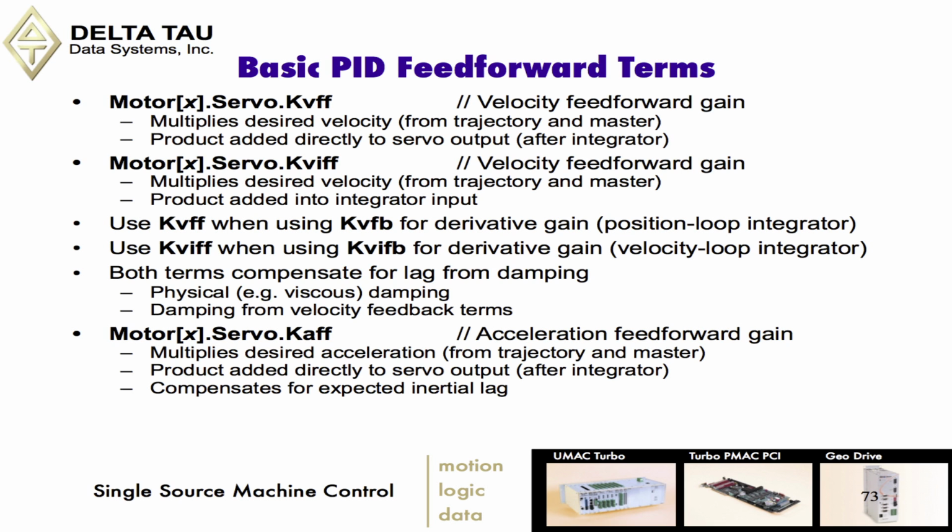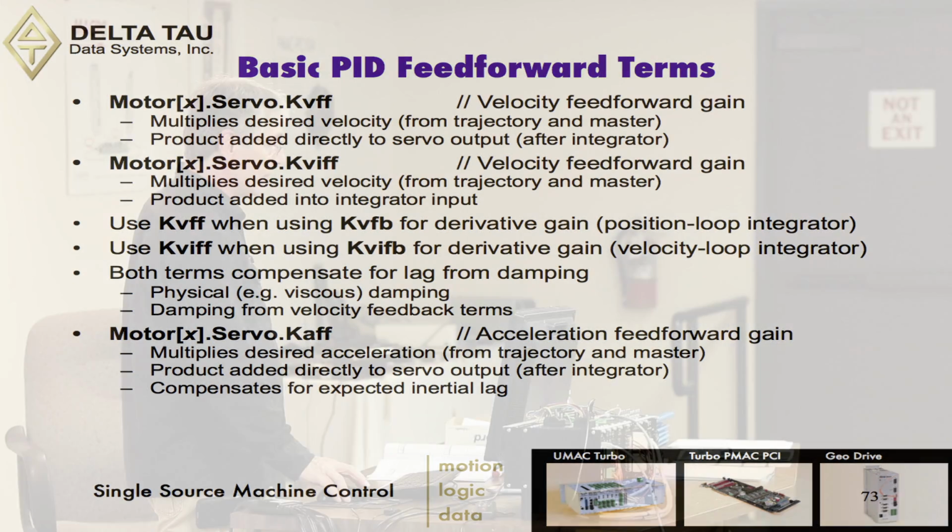We can use Kvfb when we want it in the position loop, and Kvifb when we want the integrator in the velocity loop. Basically, if it's in the position loop, there's better tracking control, but if it's in the velocity loop, there's better disturbance rejection. But again, we'll talk about this a little bit later on tomorrow when we get into some of the more advanced features of the servo.